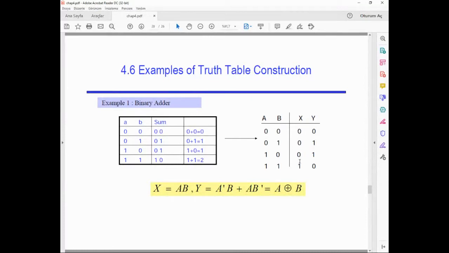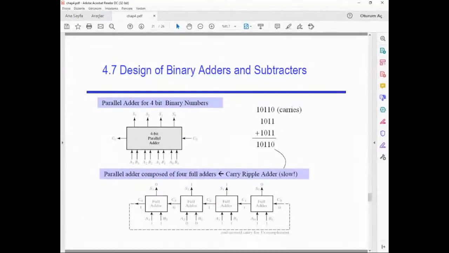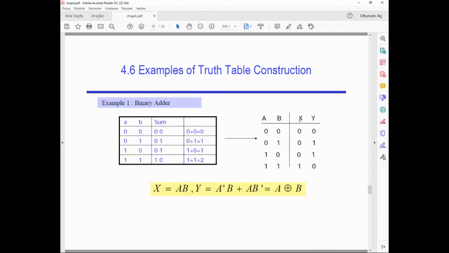X is the carry flag and Y is just like a result. So 0 and 1 means 1, 1 and 0 means 1, 1 and 1 means 0 and carry flag is 1, just like decimal. For example, if you sum 2 and 8, it means 0 and 1, it means 10, right? There was a carry flag.